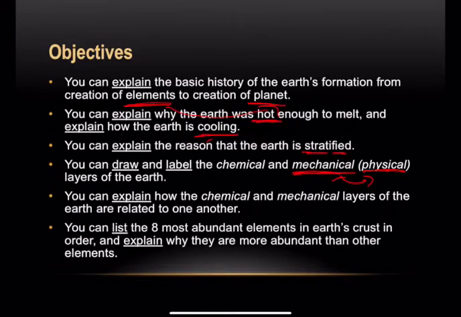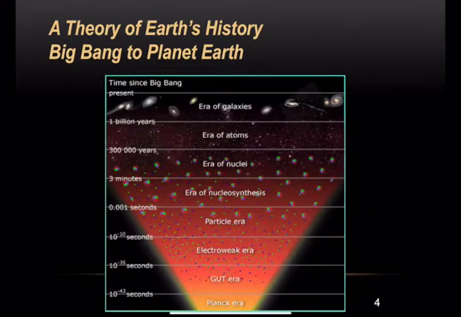And you'll be able to tell me the 8 most abundant elements in the Earth's crust in order. You've done this before in geology class. And you'll be able to explain to me why they're the most abundant, more abundant than all the other elements in the Earth's crust.